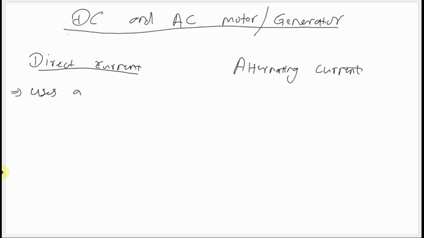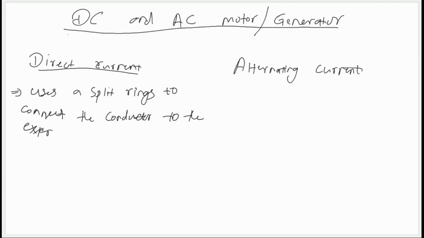DC, or direct current, uses a split ring to connect the conductor to the external circuit. When we talk about those rings that I indicated at the beginning, I just called them rings.